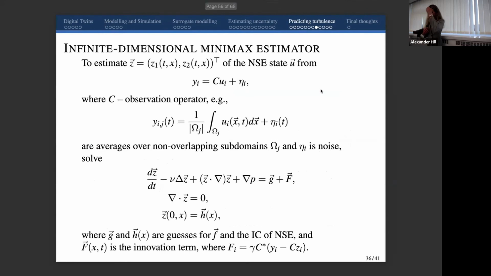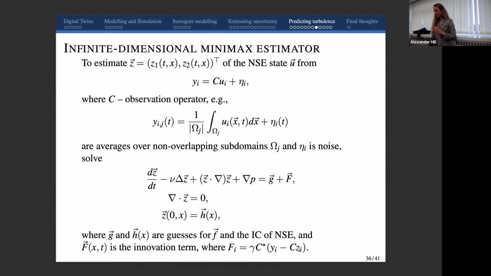Right. So there's no cost to it. I'll explain a little bit more what gamma is, so that it's easier to understand its influence. If you look at these equations, if you don't consider f, it's your Navier-Stokes. We are adding this additional term that we call the innovation term. It is gamma times the projection operator applied to our low resolution data minus the projection operator applied to the current estimation of the state of the system.